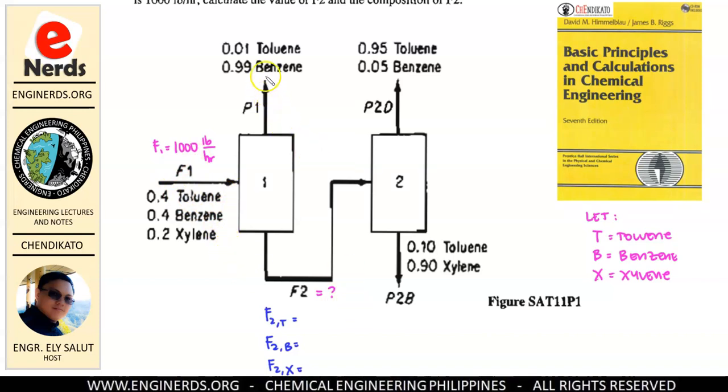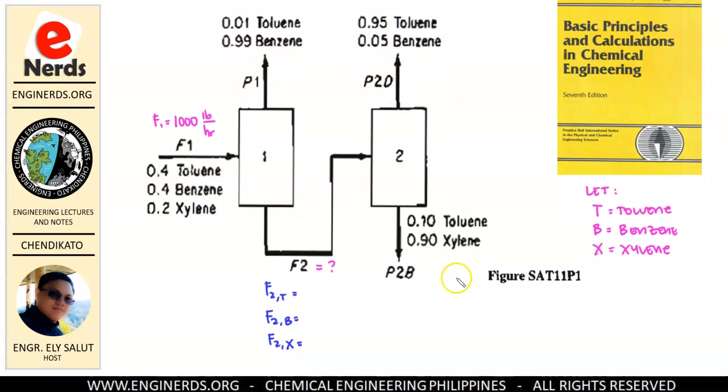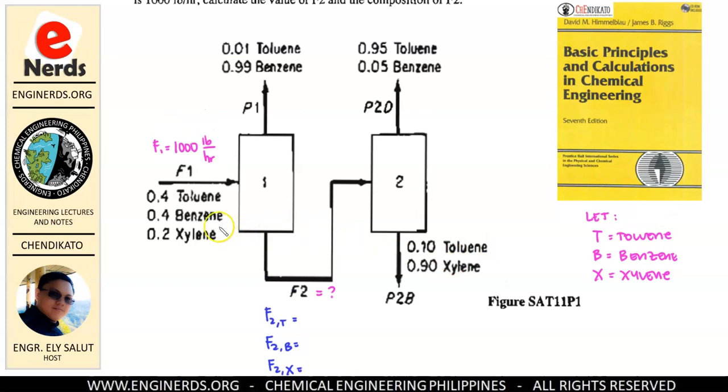So, let us analyze itong ating mga exit streams. As you can see dito sa P1, we have toluene and benzene, we do not have xylene. Dito naman sa P2D, we have toluene and benzene and we do not have xylene, kapareho ng P1, ano? However, dito sa P2B, we have toluene and we have xylene. So, as you can see from here, walang ibang nilabasan itong xylene kundi itong P2B lang na stream.